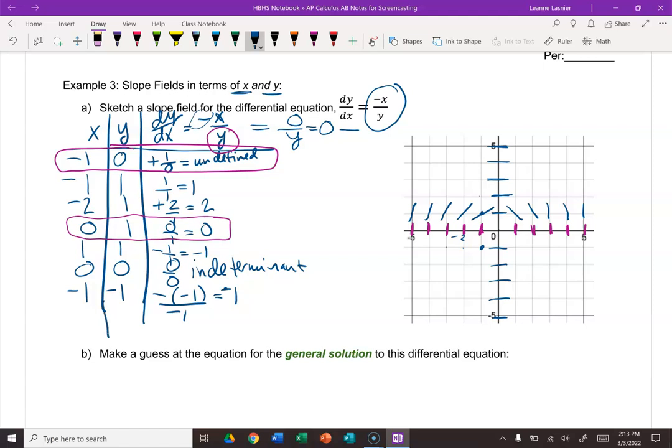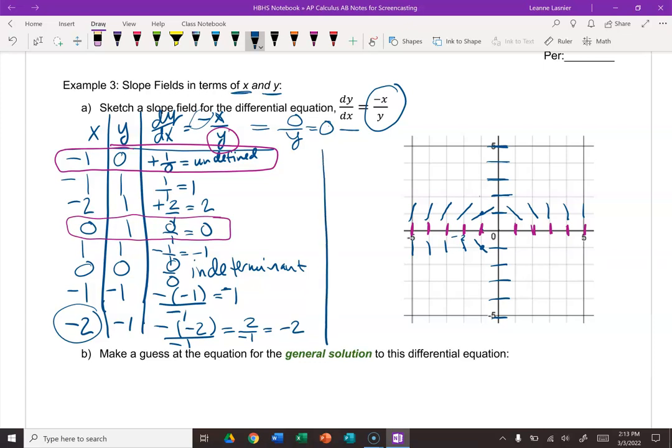For example, when x is negative 2 and y is negative 1, I would have negative x over y, which would be 2 over negative 1, which is negative 2. So for all of these values where y is negative 1, the slope is just equal to whatever x is. So then this would be a slope of negative 1, and then negative 2, negative 3, negative 4, negative 5. And then keep going.